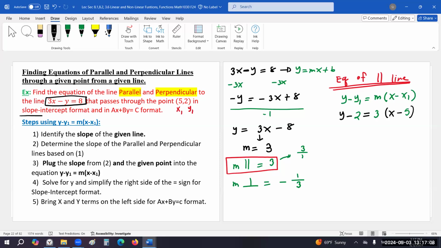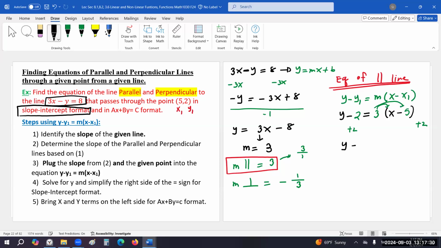Now the first format they want is slope-intercept format. Means we want the y alone on one side. So what do we do? We can add 2. But what do we do on the right side? Distribute.